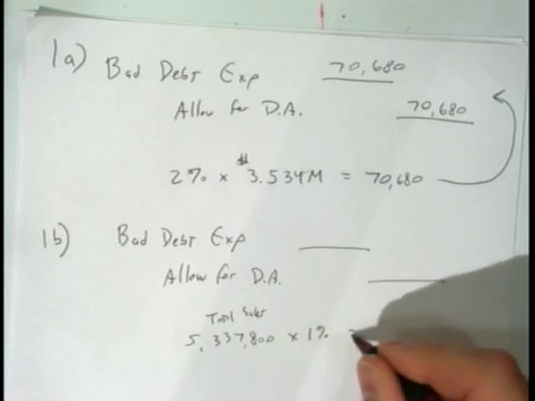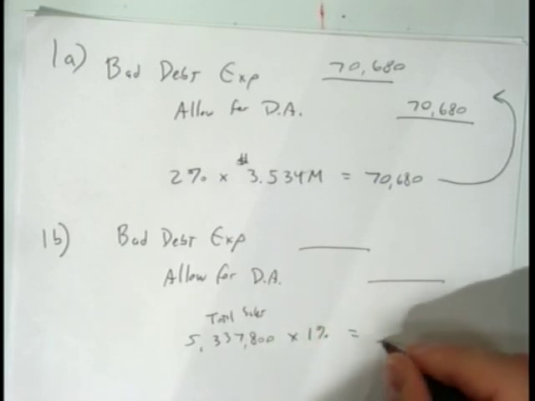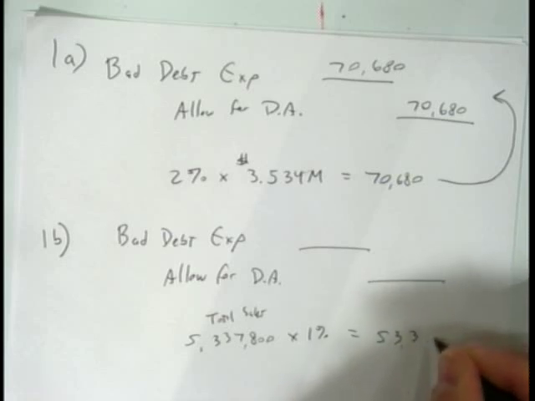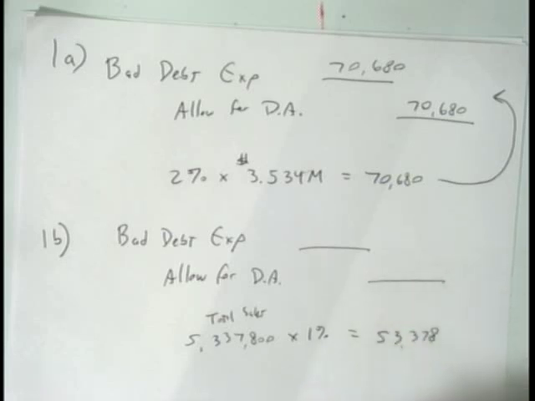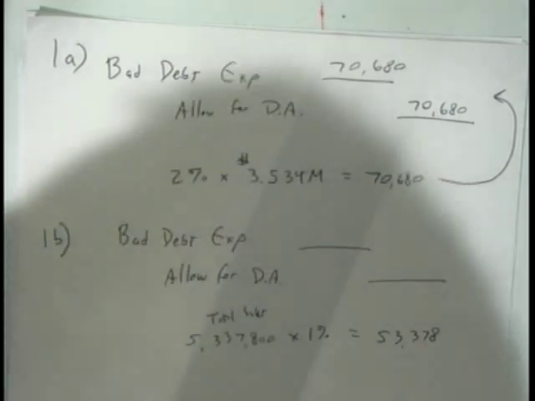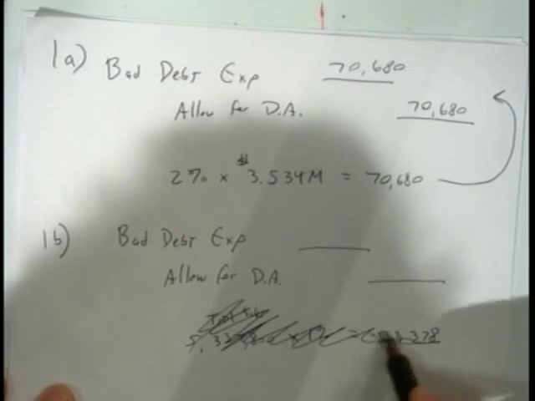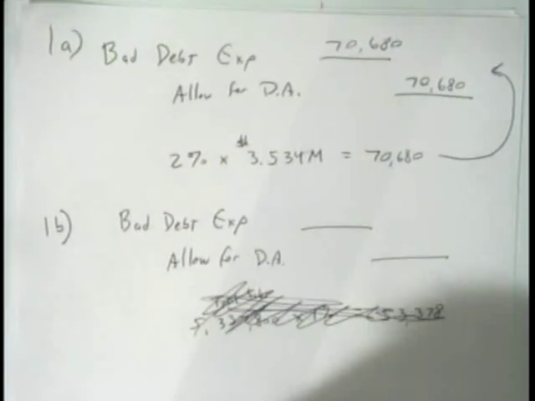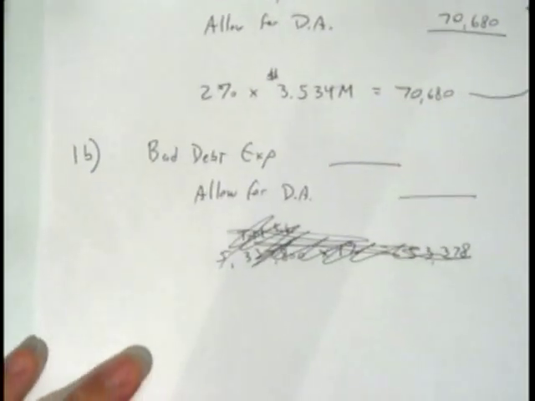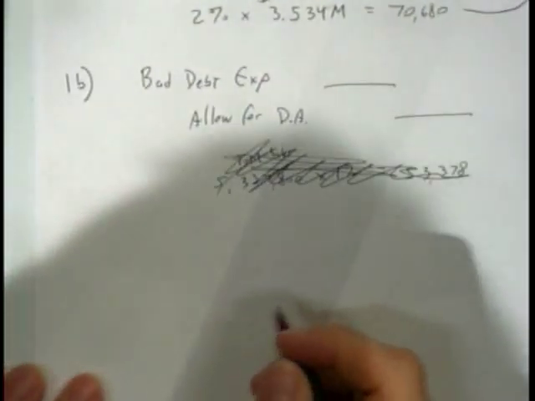Actually, it's 750, not 800 at the end: 5,337,750. So 1% of that is 53,000. I screwed up, huh? That's what happens when I try to do things in my head. Let's back up, sorry about that. Thank you for pointing that out. I always appreciate when you guys do that. Let's just do this the right way.